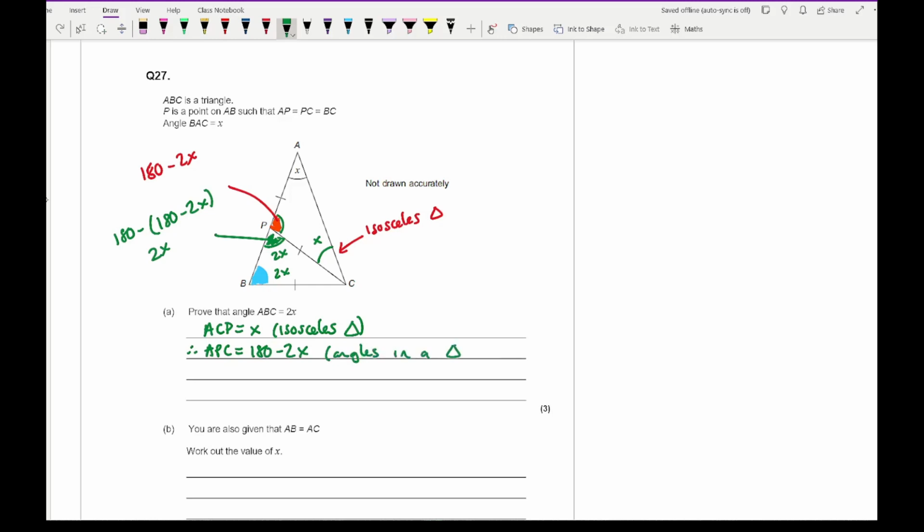Therefore that angle BPC is going to equal 2x, angles on a straight line. And angle PBC also equals 2x, as it's an isosceles triangle.